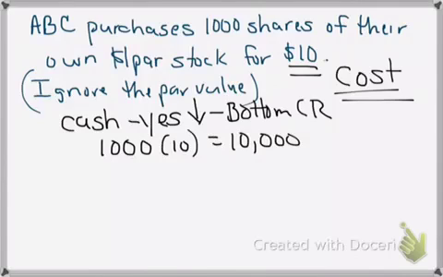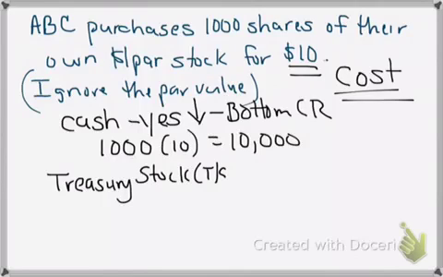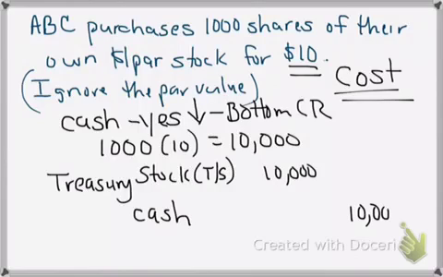So the entry that we will have here will be for treasury stock, and again I will be abbreviating this as T/S. The other side is cash as the credit, and it will be for this $10,000. So that's that first entry, and it is based on how much we paid for it and that cost.